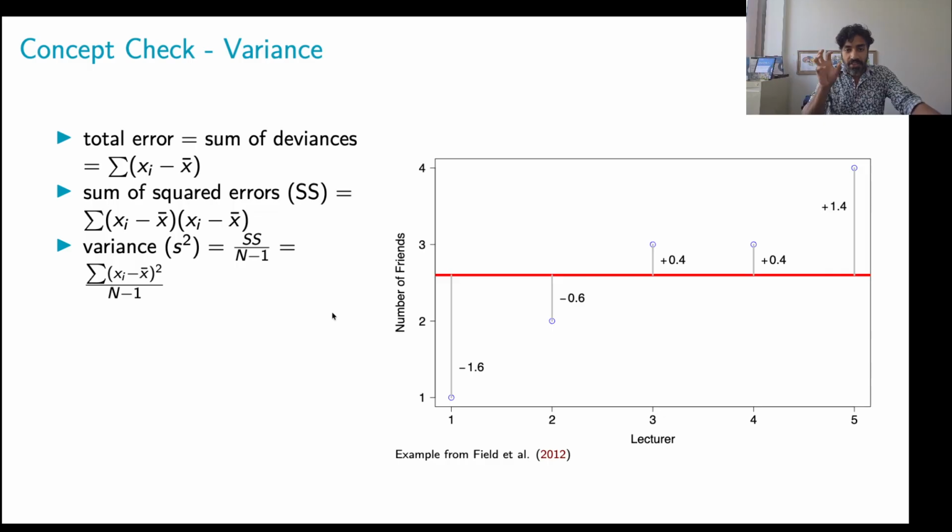This is the critical point, that variance is a sense of that total error that we have around our predicted line. That's the calculation of how we get to the variance. You have each of the individual participants' data point minus the average point, which is here, and we're squaring all those values so that they're all positive, and then we're dividing it by degrees of freedom.